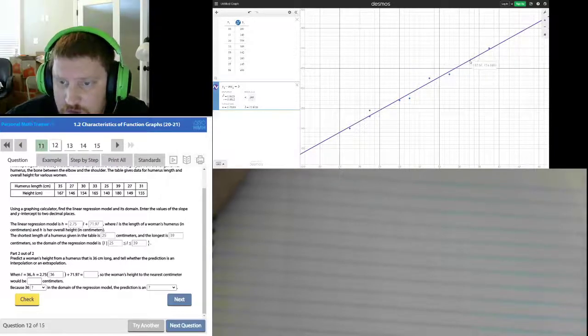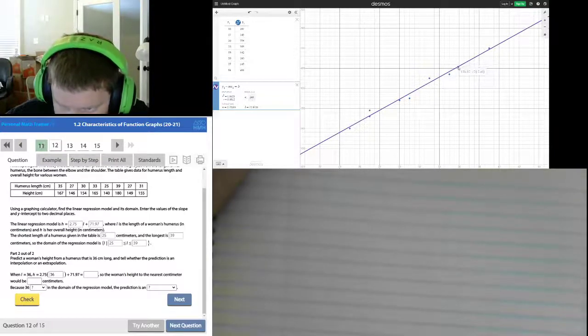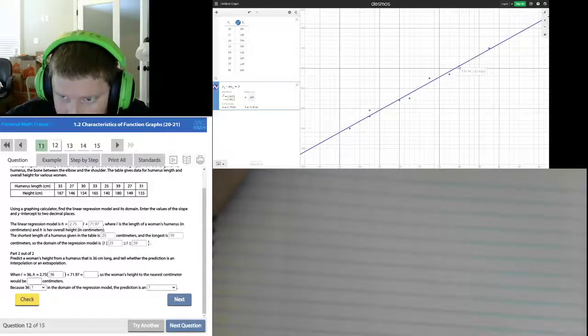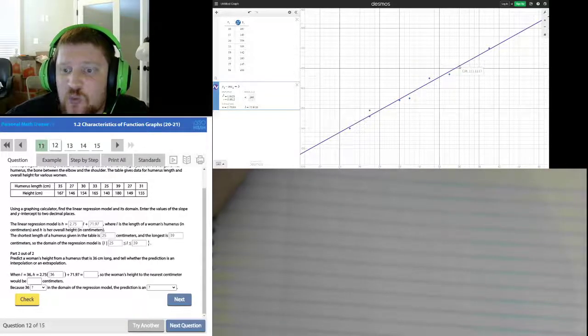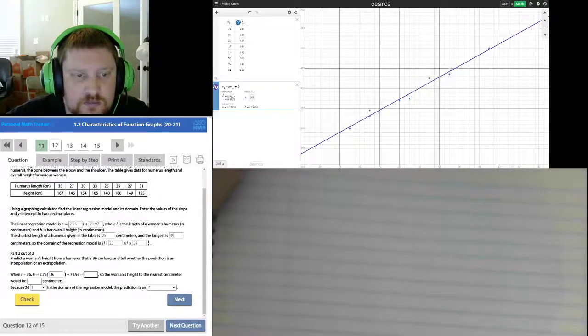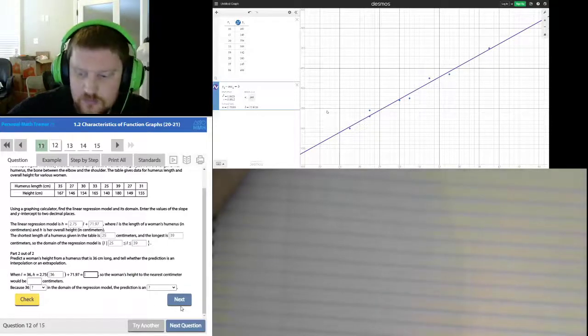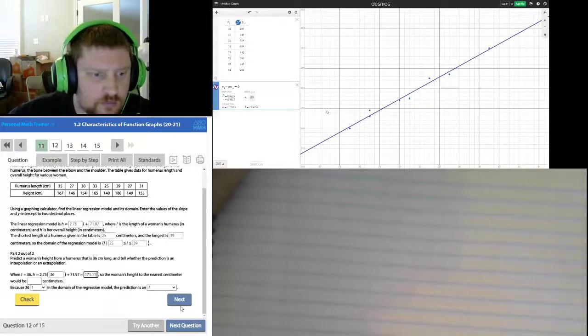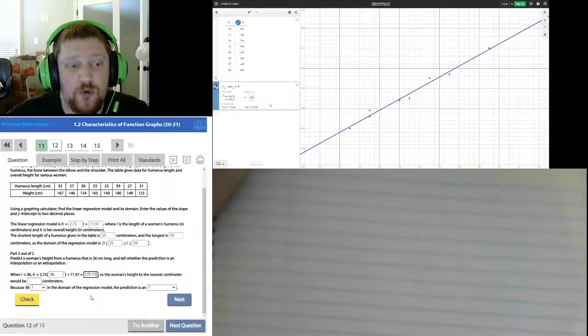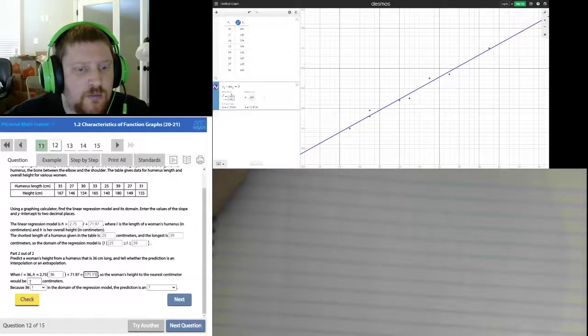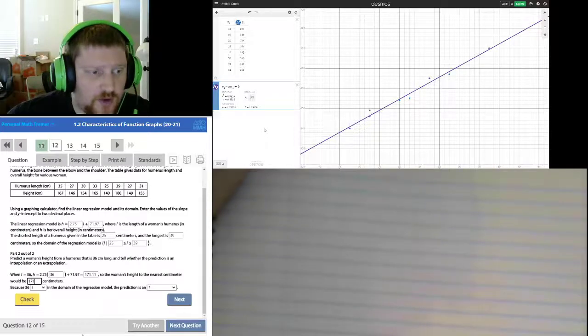So I'm just scrolling over through the Desmos calculator to get to 36, and we can see that's 171.11. And I'm rounding it to 2 decimal places because that's what they had us do before. But then rounding it to the nearest centimeter would be 171.